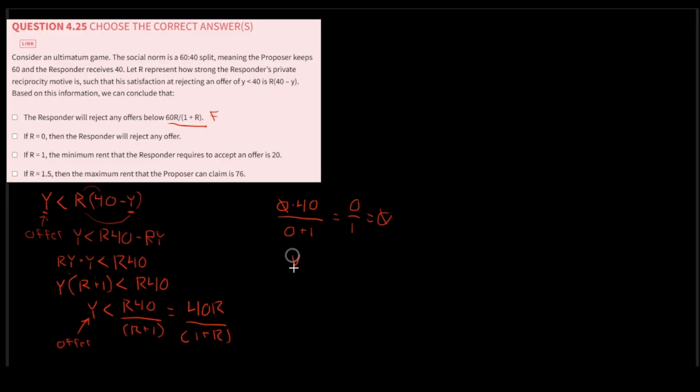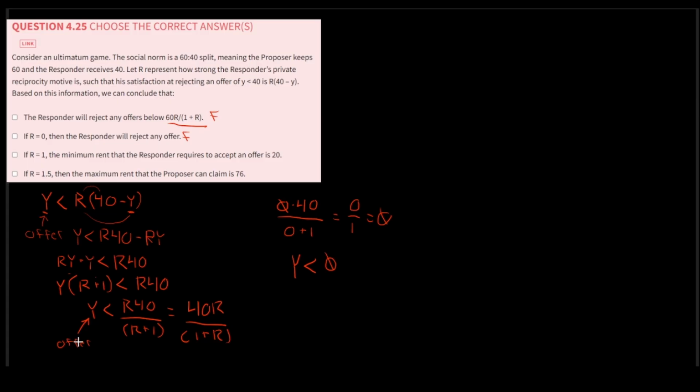So we said our rejection rule was reject if our offer is less than... Oh, wait a minute. That makes no sense at all. How would you have an offer less than 0? You can't. So if R is 0, we will actually accept any offer. So that is false.